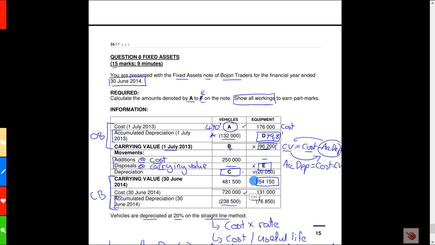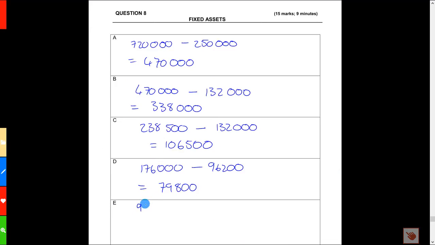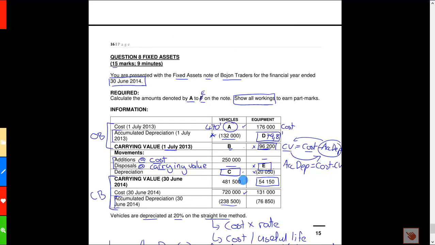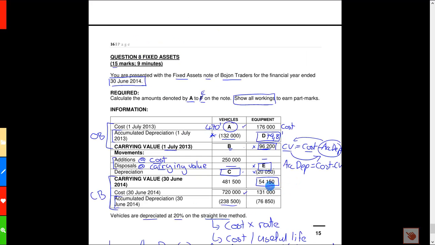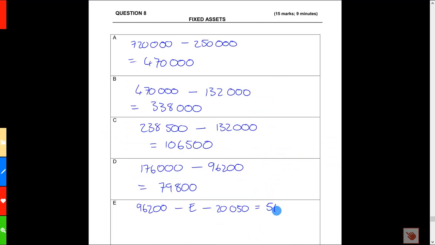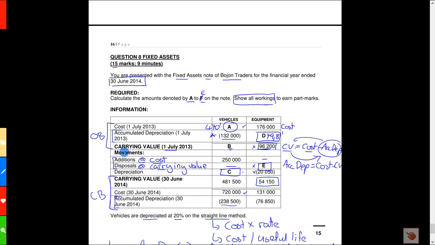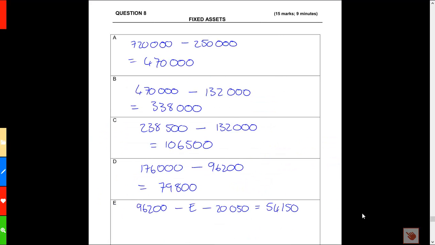So we know the following: 96,200 minus E minus the depreciation of 20,050 is equal to 54,150. So we've got the carrying value at the start plus or minus all the movements gives you the carrying value at the end, and that's exactly what we've done there.